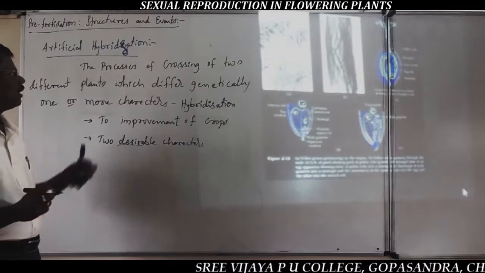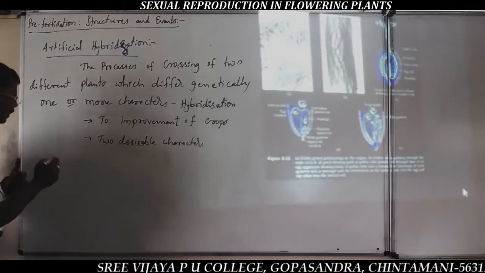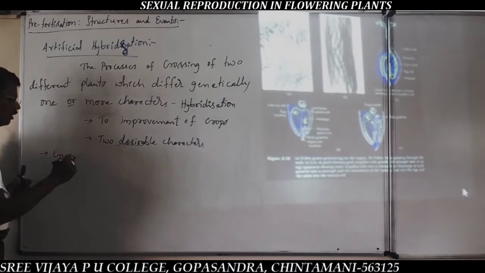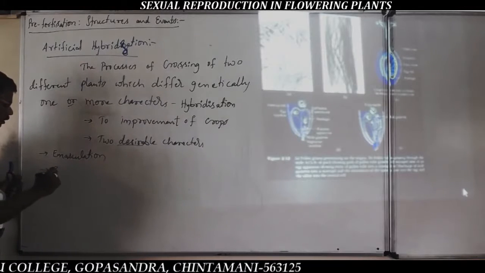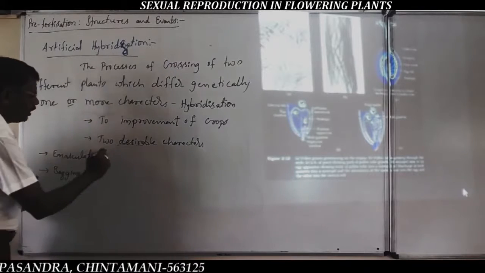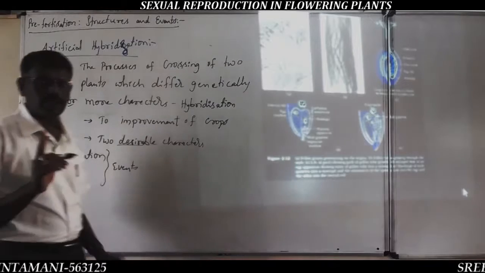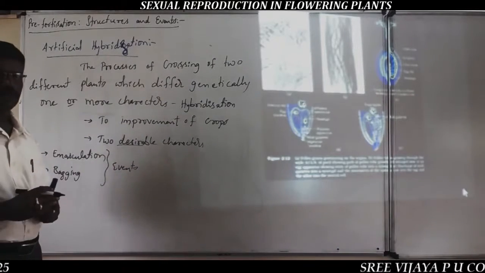Hybridization is made successful by two important processes, emasculation and bagging. These two events are a must for successful artificial hybridization.